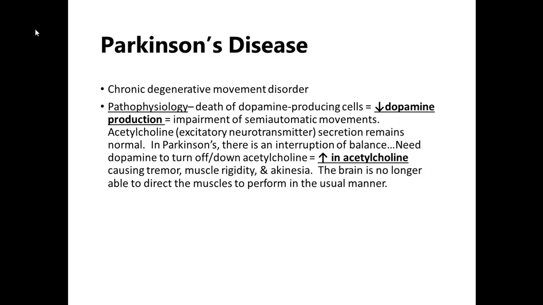When there's too much acetylcholine, you're going to see the key symptoms of Parkinson's: the tremor, the muscle rigidity, the akinesia. The brain is not able to tell the muscles how to perform, and they get hyperexcited. If you've ever seen anybody with Parkinson's, they tremor, they're tense, they're spasming.